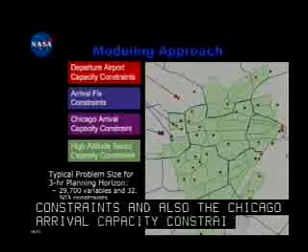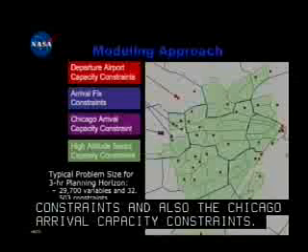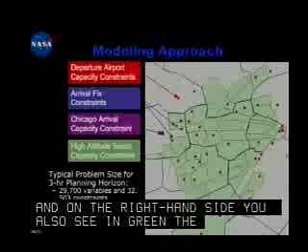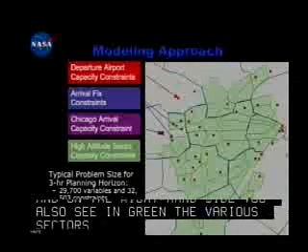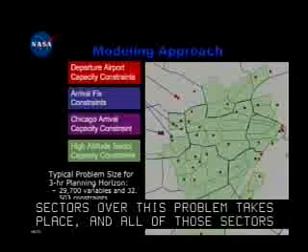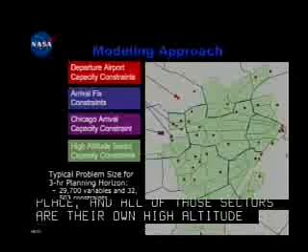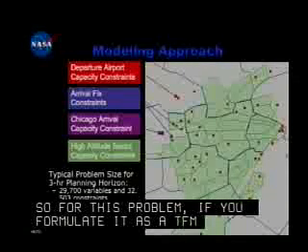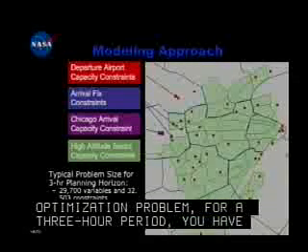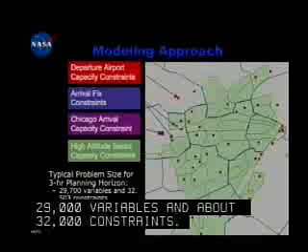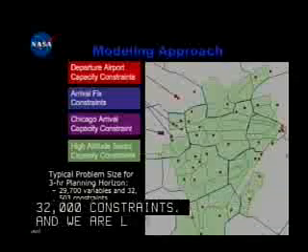And on the right-hand side, you also see in green the various sectors over which this problem takes place, and all of those sectors have their own high-altitude sector capacity. So for this problem, if you formulate it as a TFM optimization problem, for a 3-hour period, you have 29,000 variables and about 32,000 constraints, and we are looking at 99 flights at 51 airports and 201 sectors.